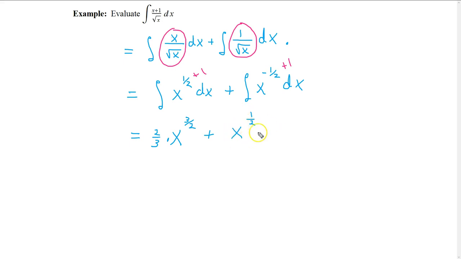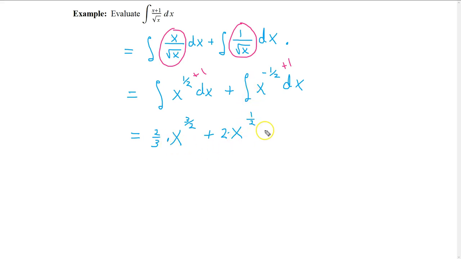Now note, if we were to differentiate this, we would get x to the negative 1/2, which is what we want, but we would pick up a 1/2 constant being multiplied in front. We don't have a 1/2 up here, so we want to counteract that 1/2 by multiplying by 2. Notice if we differentiate this, the 1/2 drops down, cancels with that 2, and we get the 1 up here that we want.